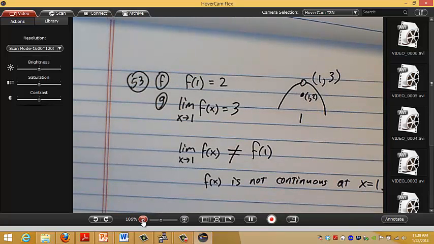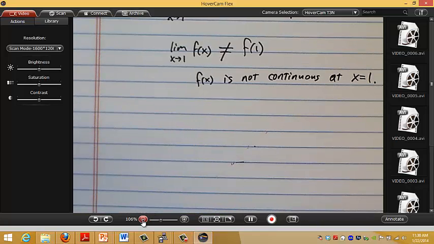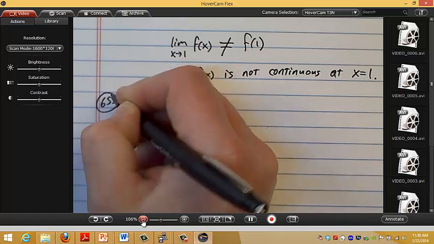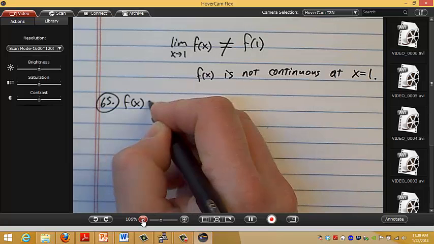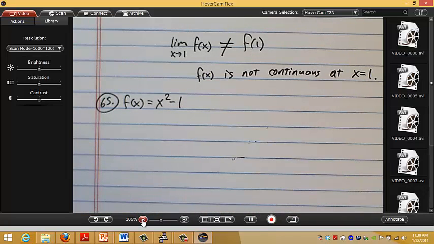And then the only other question people were asking me is about number 65, the h. I'm going to work that one out here. And this is really related to what you do next time. So it said f of x is x squared minus 1. You guys got this?